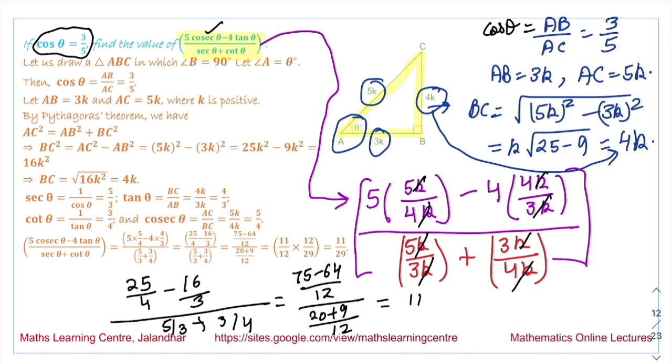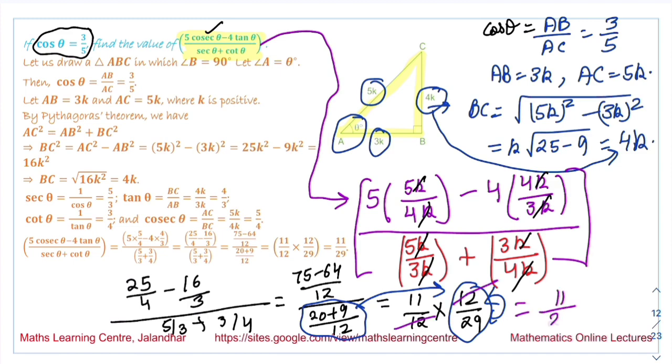The answer we get is 11 by 12 into 12 by 29. Why is this 12 by 29? When it gets multiplied, the numerator becomes the denominator and the denominator becomes the numerator. So these two 12s get cancelled, and the answer we are left with is 11 by 29. So the value of this term is 11 by 29.